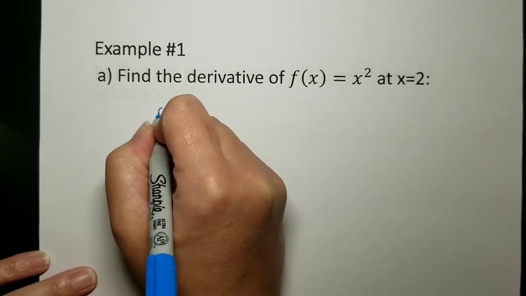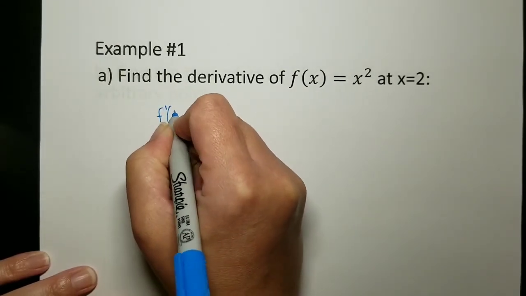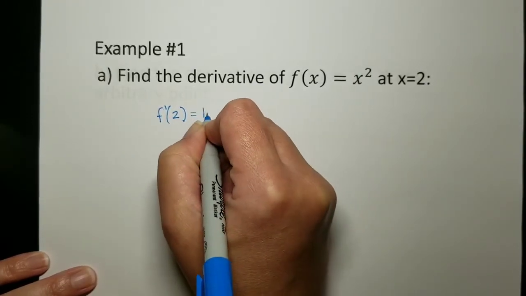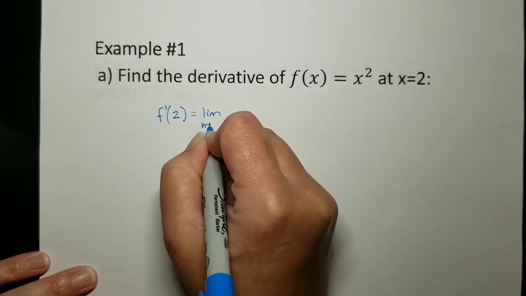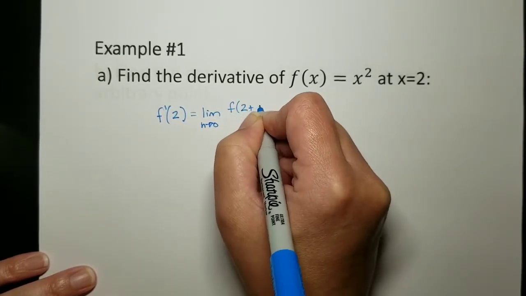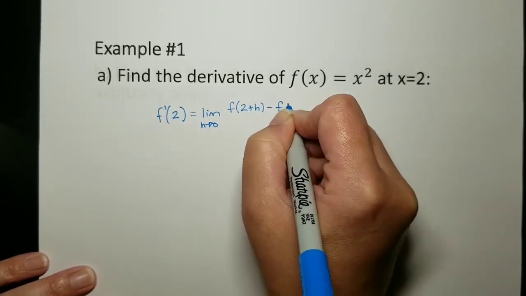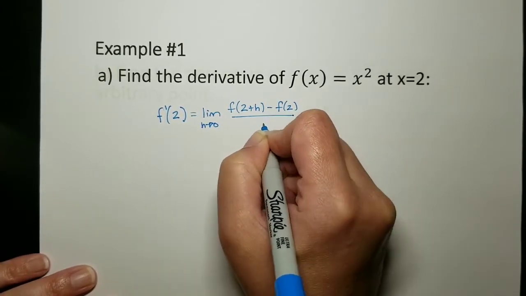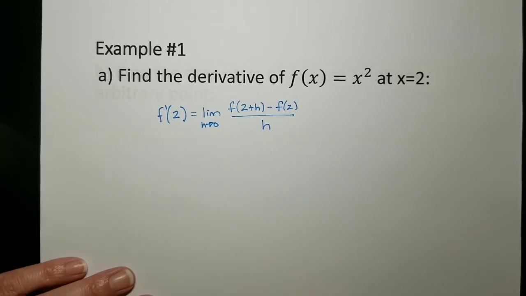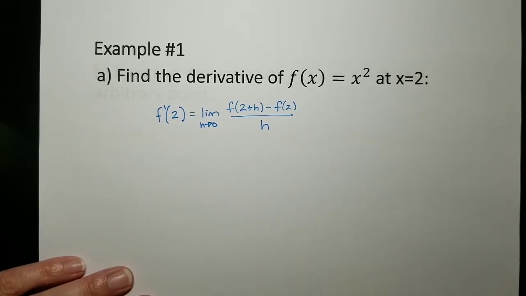So I'm looking for f prime at 2, and that is the limit as h approaches 0 of f at 2 plus h minus f at 2, over h. So that's just using the limit definition of the derivative.